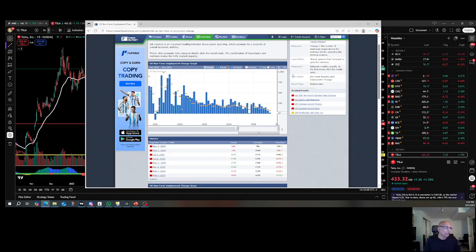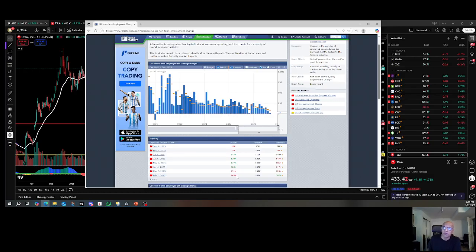So we need to look at these numbers, and you can see right here, as they're going down, we are not doing well in jobs. We need to cut interest rates, and if we cut interest rates, small corporations will borrow more money, and they will create more jobs, and hopefully this pace will pick right back up to the other side. Okay, that's what non-farm employment numbers do.